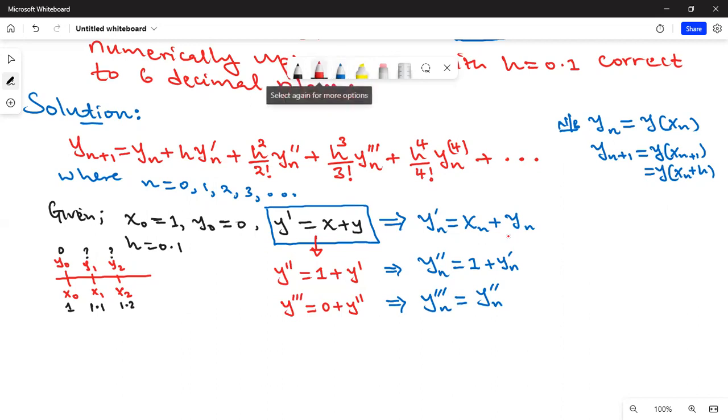And finally, the fourth derivative is the derivative of the third derivative. Evaluate this at x_n, we are going to get y_n'''' = y_n'''.